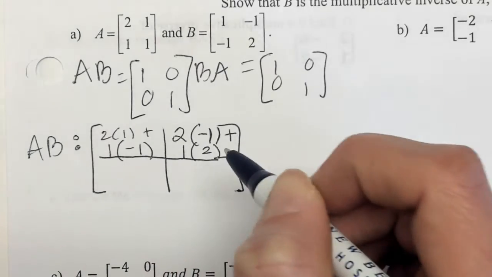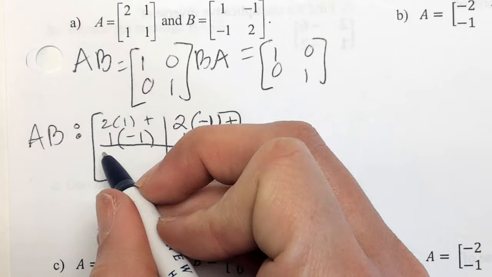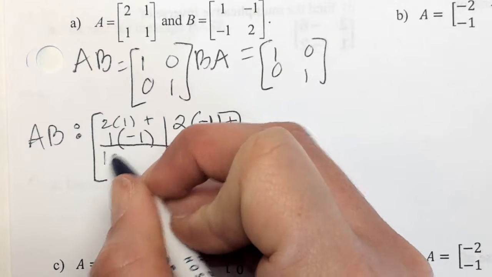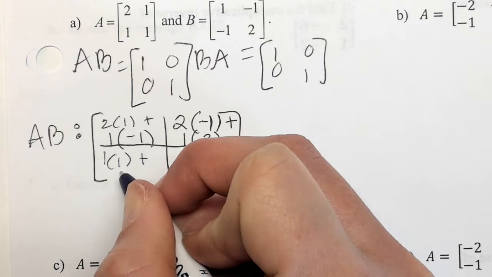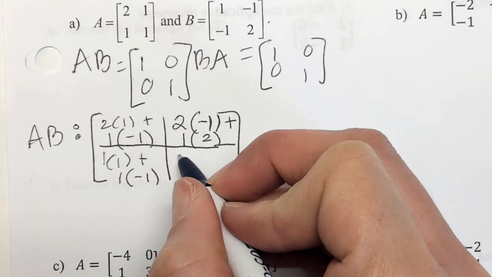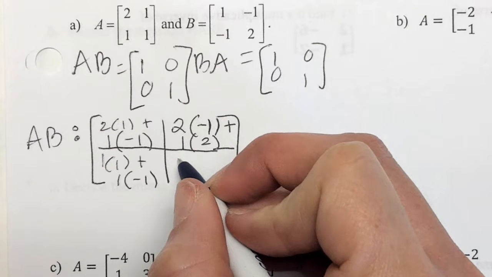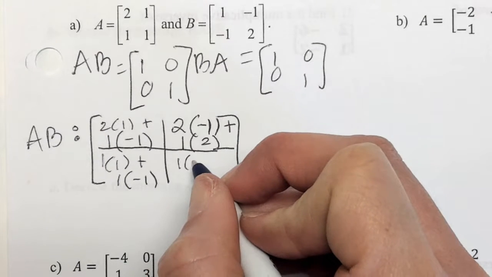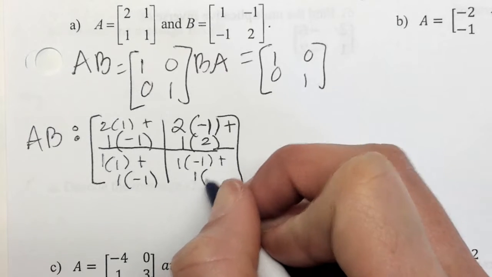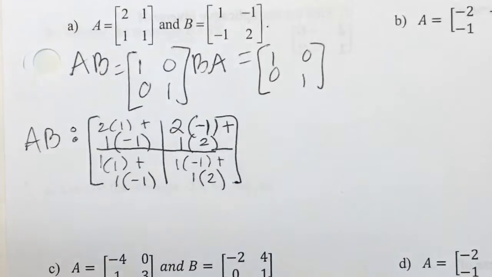Very good. Alright. Brandon, what's the next one going to be? It's going to be 1 times 1 plus 1 times negative 1. Very good. Darian, last one. 1 times negative 1, plus. Good.